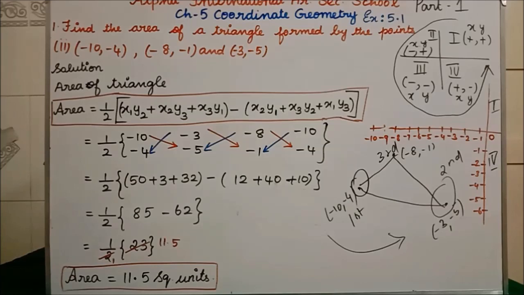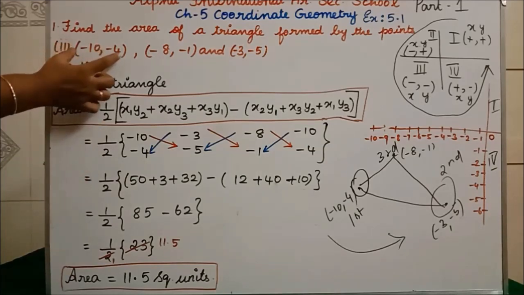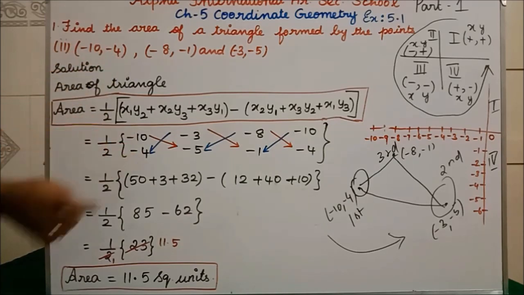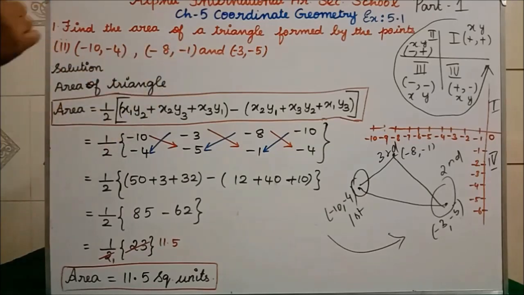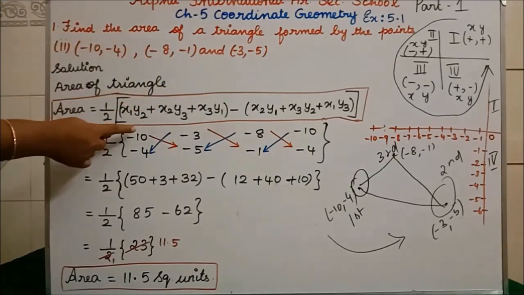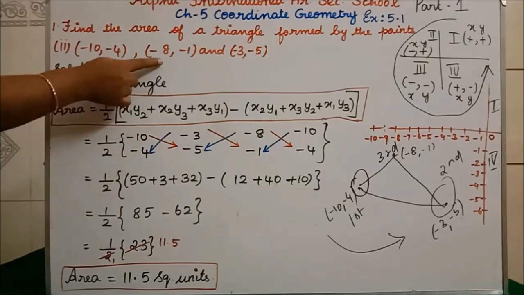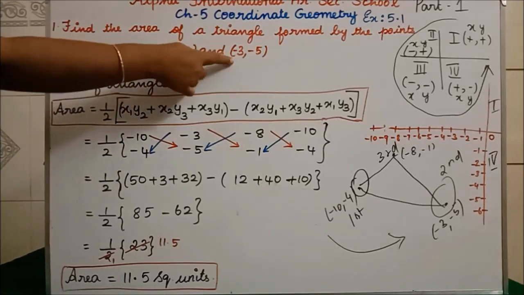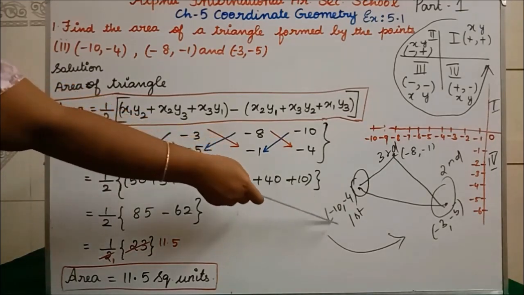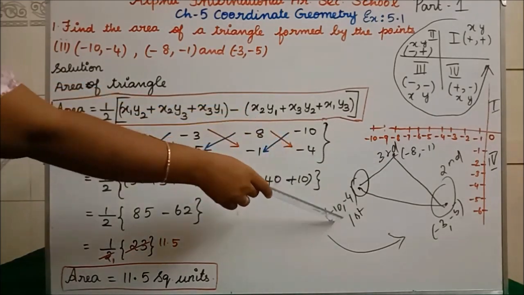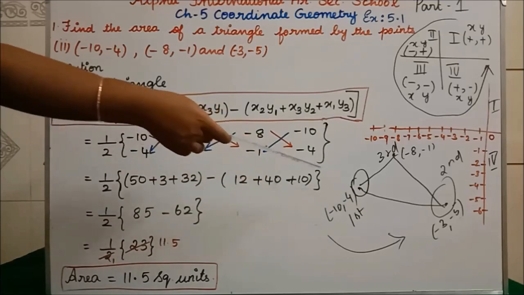So that only you will get 1 mark out of 2 marks: equal to 1 by 2. The first point is what? Minus 10 comma minus 4, isn't it? But in your question they have given the second point as minus 8 comma minus 1. You should not put this point after minus 10 comma minus 4. We are going to write another point. Why? Because if you see in the diagram, in the anti-clockwise direction, the first point we get is this, and the second point is what?